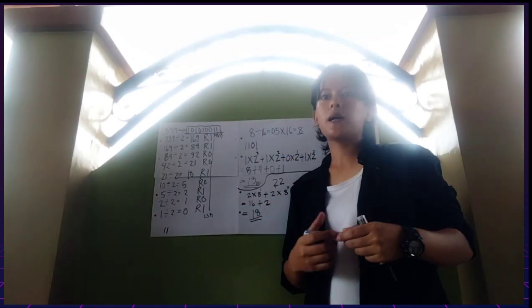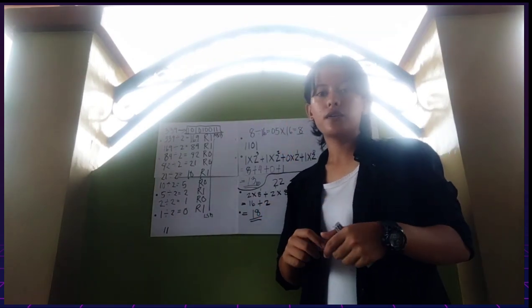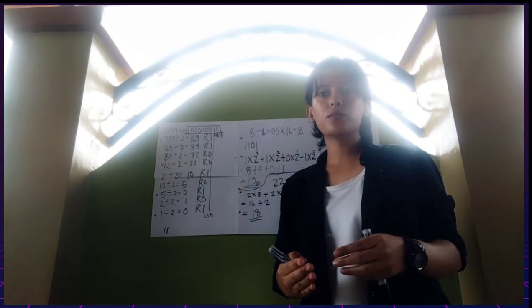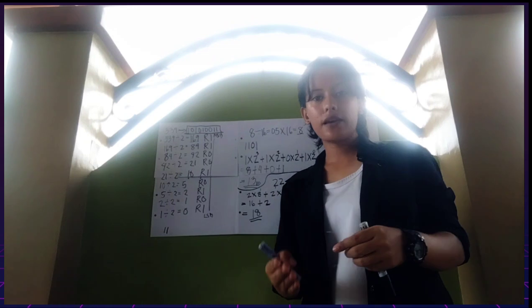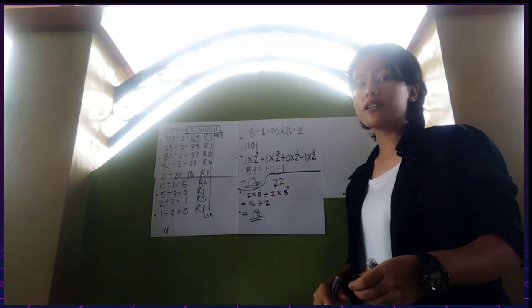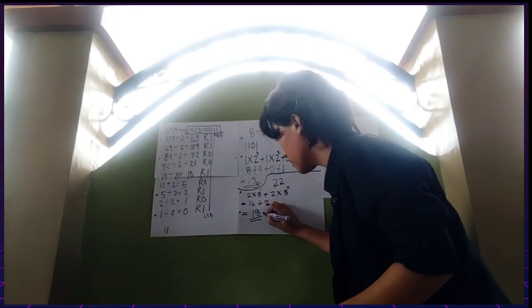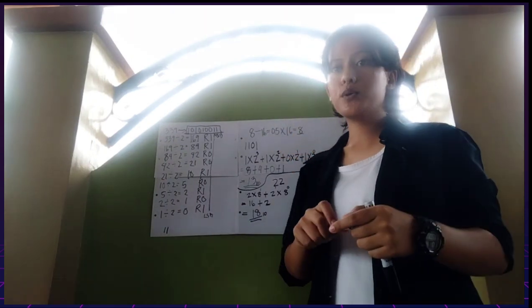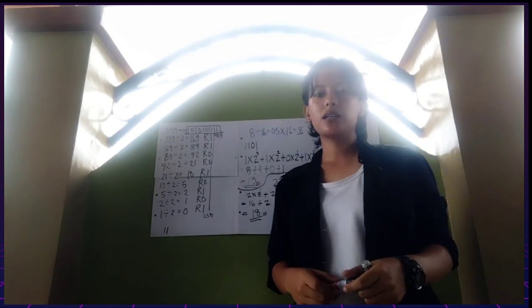Therefore, the conversion of octal number 22 base 8 to decimal is 18 with a base of 10 because it's decimal. You shouldn't forget that. So that's how we compute octal to decimal.